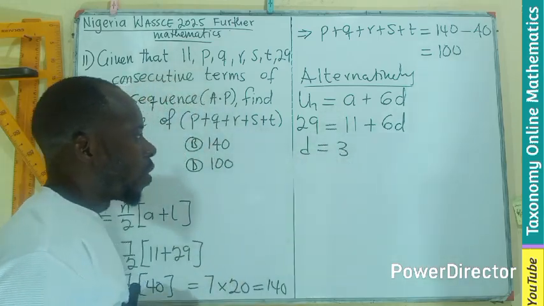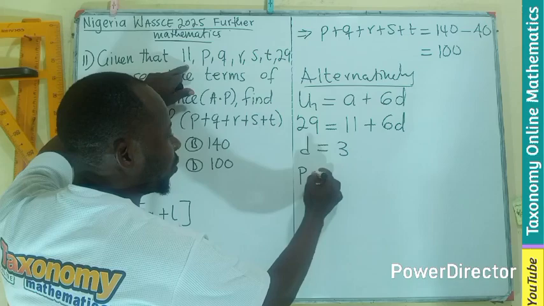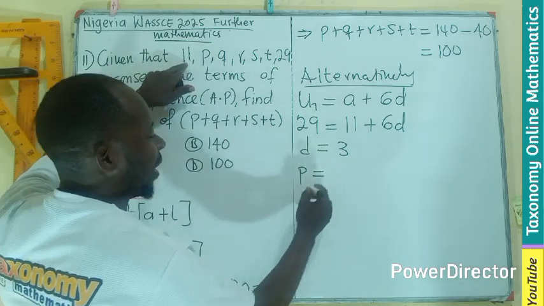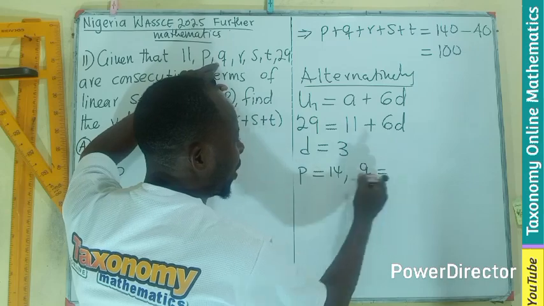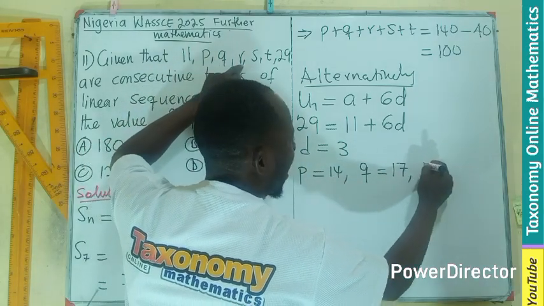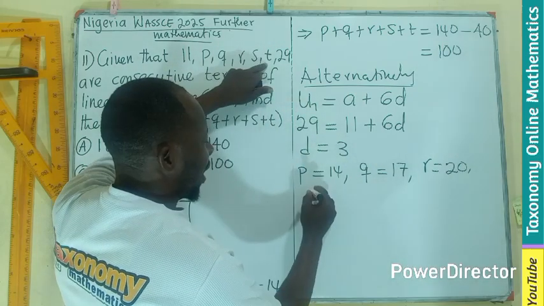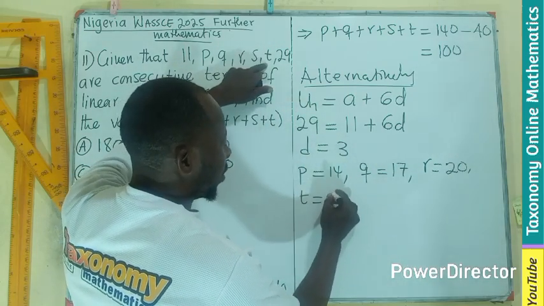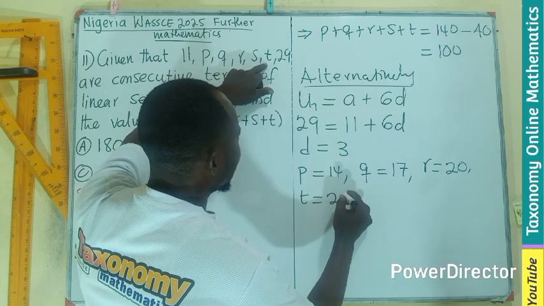So your common difference is going to be 3, meaning P is going to be 11 plus 3, 14. Q is going to be the next term plus 3, 17. R is going to be 20. Then S is going to be 23, right?